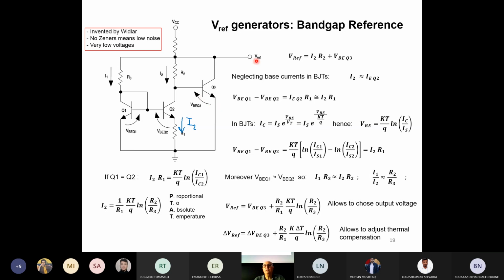If I suppose that Vref is much higher, the voltage on this node and on that node are the same. Since those two resistors, R3 and R2, are connected on top to the same node, and on the bottom to two nodes with the same voltage, the voltage drop is the same on the two resistors. So I can write that I1 R3 is equal to I2 R2, more or less. It's an approximation, but it's good enough.